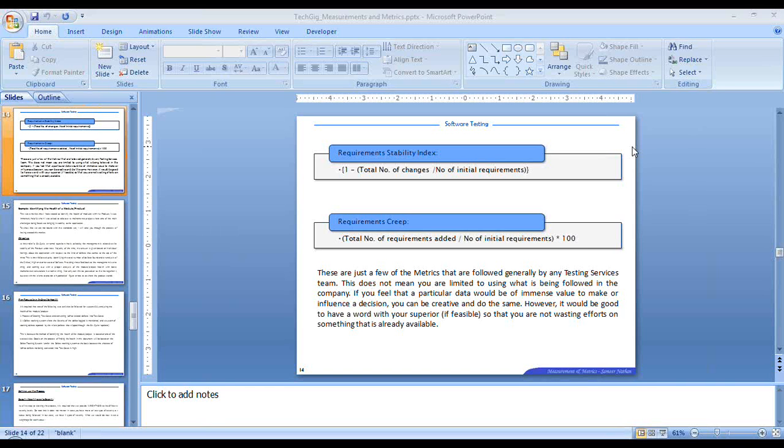So take this requirements creep value, and along with that, I would suggest you also put up a capacity planner. You can find it on the net, or you will have an idea about it yourself. A capacity planner is the number of test cases that a person can execute per day in your project. You take into consideration the number of resources you have and the number of days left, and it will give you your capacity: I am in a position to execute this many test cases in the given time frame.